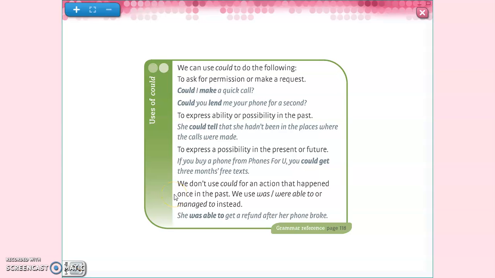We use was or were able to or managed to instead. Let's see the example. She was able to get a refund after her phone broke. So in this sentence, we're not going to use could, but we can say she managed to get a refund after her phone broke. Okay, so that is the use of could.